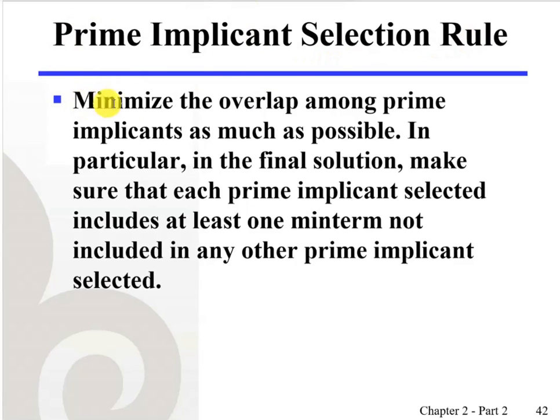Here we want to minimize the overlap among prime implicants as much as possible. In particular, in the final solution, we need to make sure that each prime implicant selected includes at least one minterm not included in any other prime implicant selected.